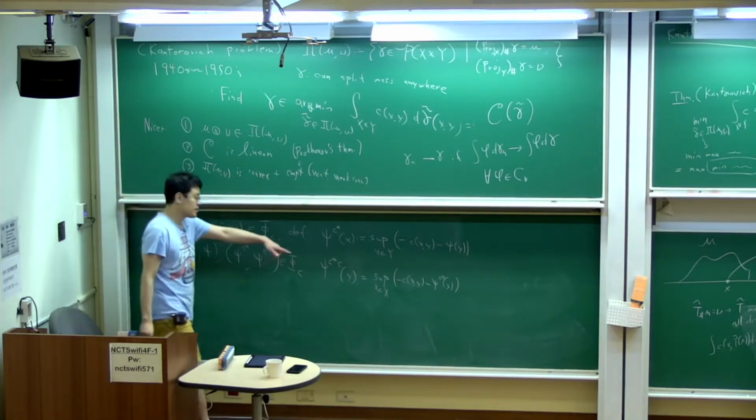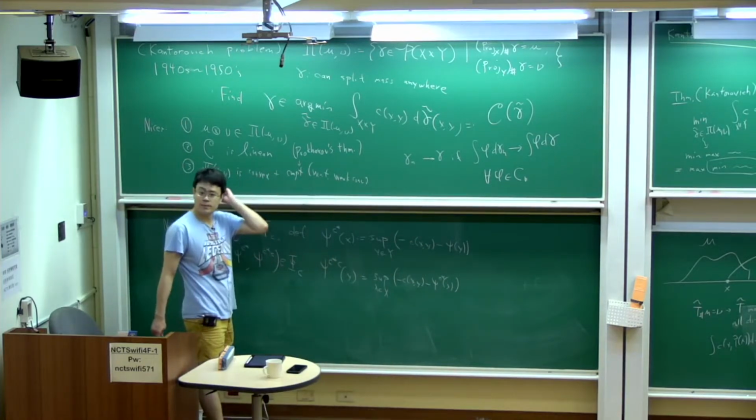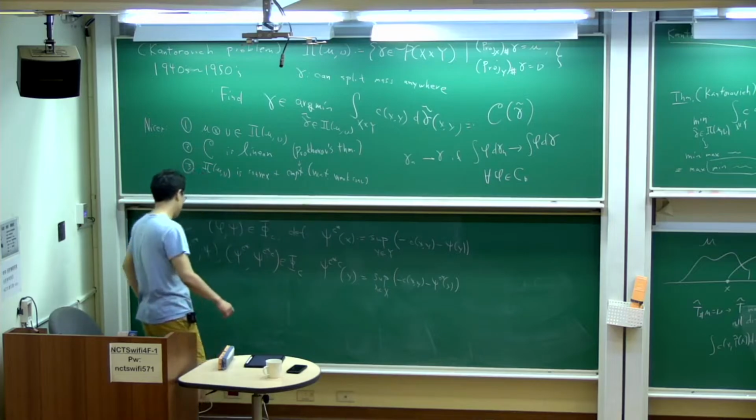Because the original function pairs satisfied the inequality. So this is a quick exercise.